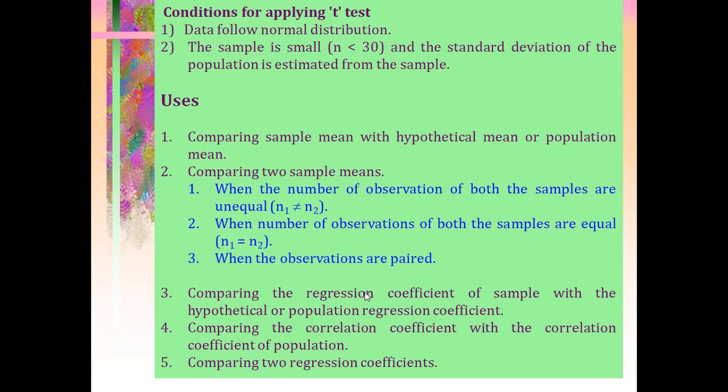The first condition is the data should follow normal distribution and the sample should be small, that is n should be less than 30, and also the standard deviation, which is required to work out the standard error, should be estimated from the sample.